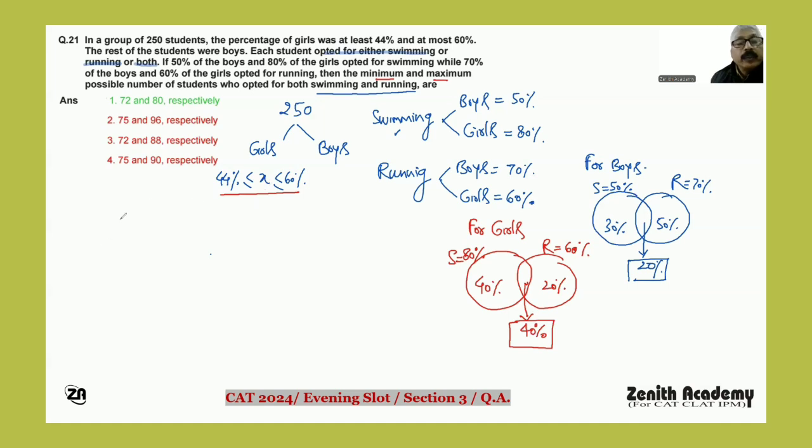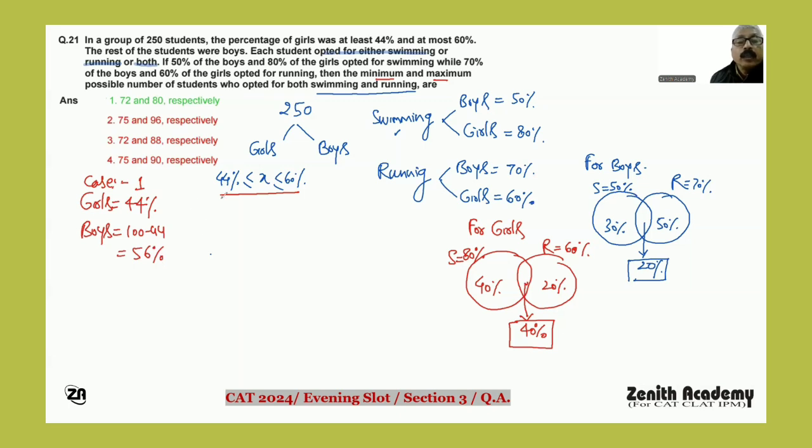Case one, when the girls are at least 44%. If girls 44%, then boys will be 100 minus 44.